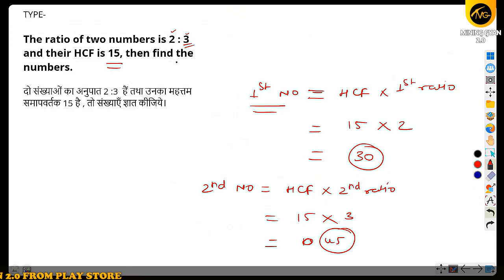The question is asking about the numbers. So the first number is 30 and the second number is 45. Clearly, these numbers are the answer. Clear?